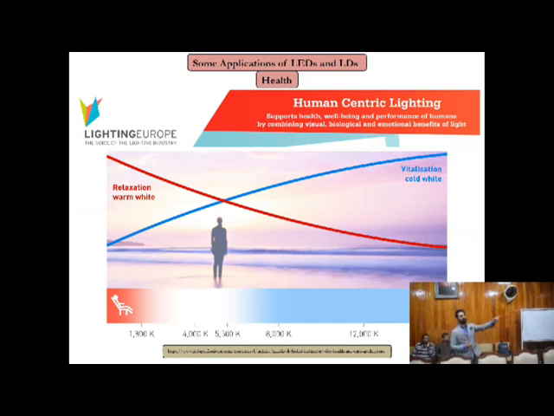But when we need an environment where we need energy, we need to have the right amount of lighting. So warmer lighting means we want to relax. Intuitively we know, but scientifically this is a chart that shows. And cooler lights means we want, when we are working, for example, right now when we're talking, doing some business things, communications, and different kinds of things. So we prefer cooler lights in that.